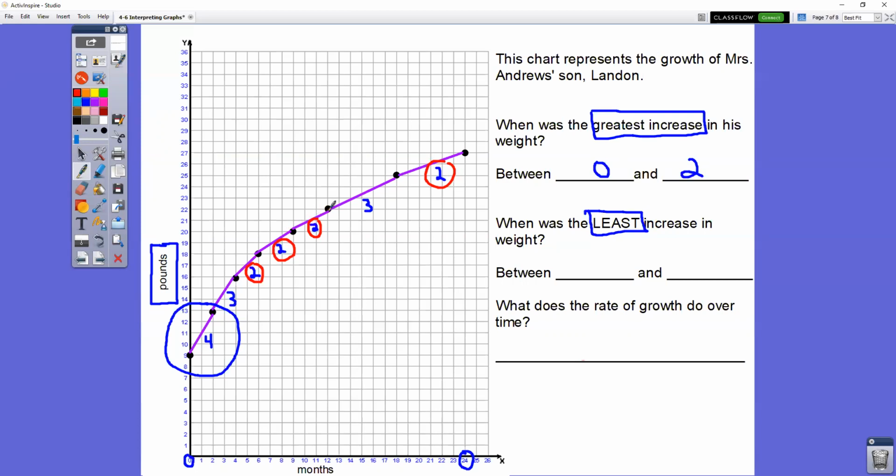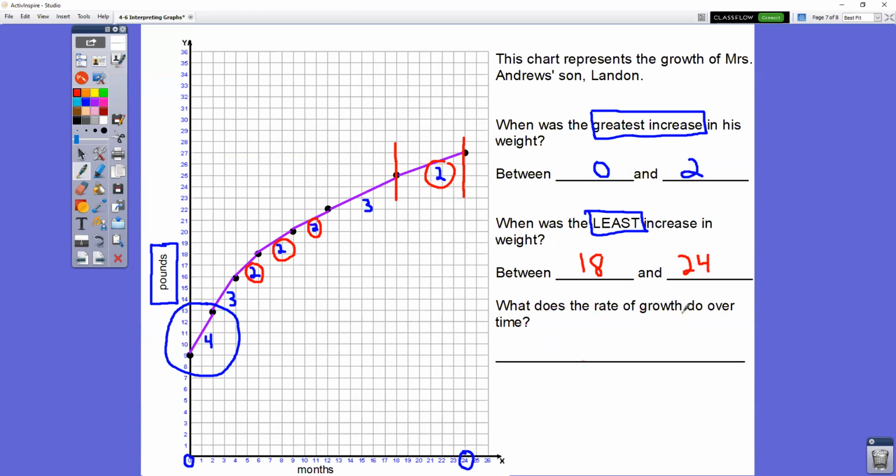This is a 2-pound increase over 3 months. But this one is a 2-pound increase over 6 months. Well, if you only gain 2 pounds in 6 months compared to 2 pounds in 2 months, this is the smaller actual increase. So in between month 18 and 24.